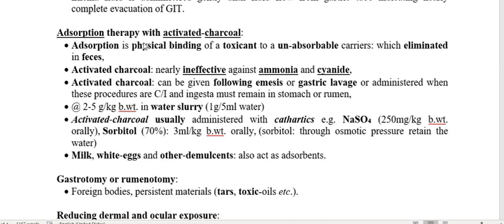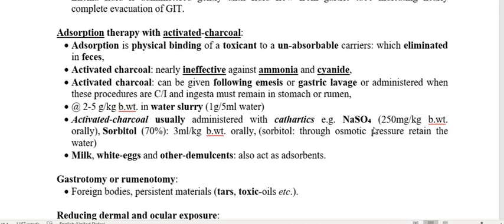You have to give the adsorption therapy in the absence of emesis or gastric lavage, or if these other processes of removal from the GI tract have failed.